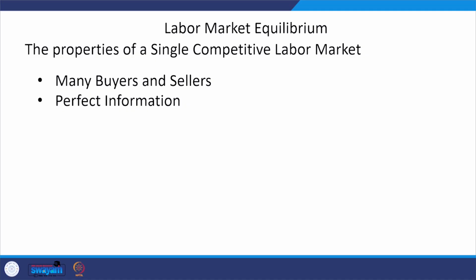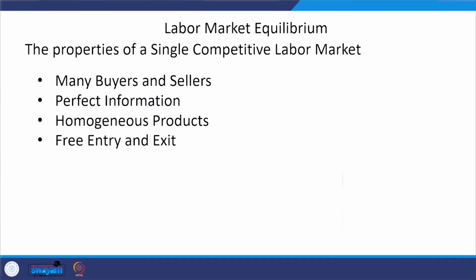So, the presence of a large number of buyers and a large number of sellers is the first property. The second property of a single competitive labor market is that there must be perfect information. The participants in the competitive labor market have access to complete information regarding the job opportunities, wages, and the working conditions.